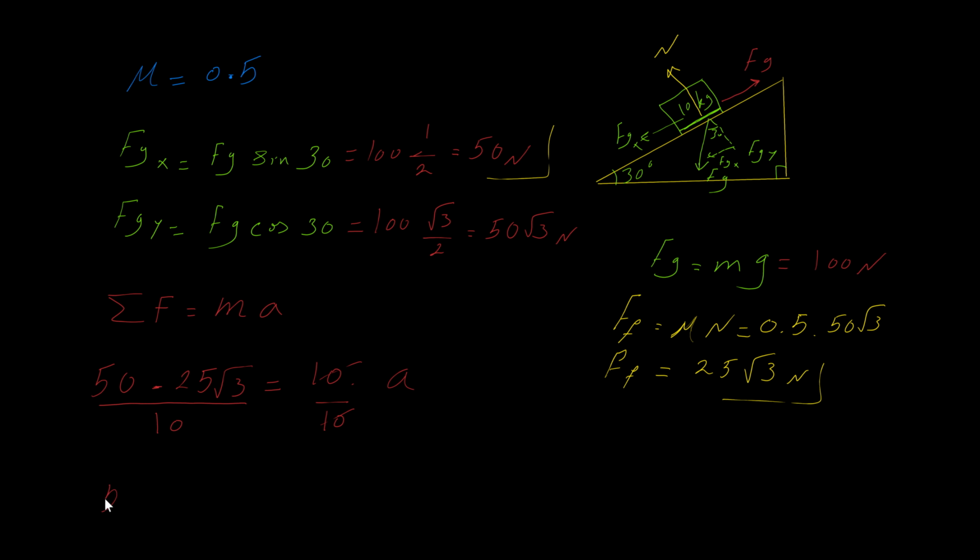But let's say 50 minus 43 divided by 10 is equal to a. So 7 divided by 10, so a is equal to 0.7 meters per second squared. And that's the acceleration of that 10 kilogram object going down the ramp with an inclination of 30 degrees.